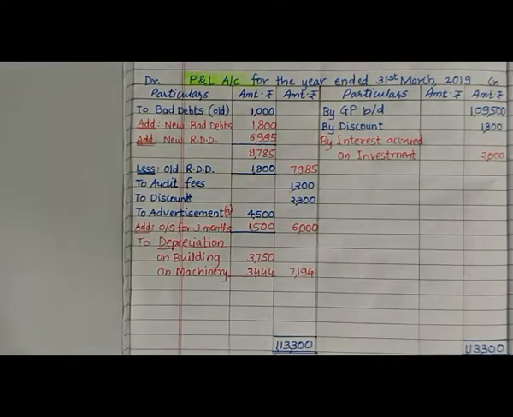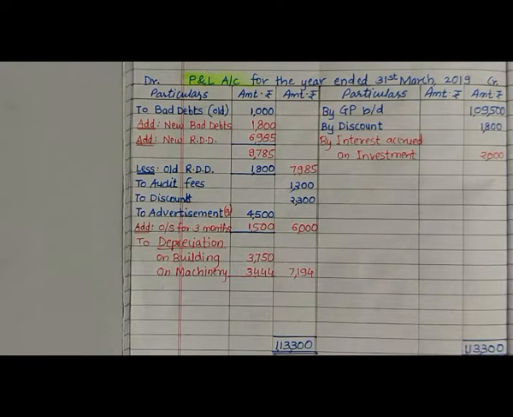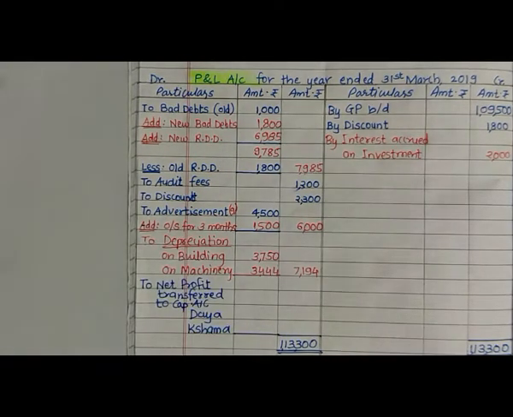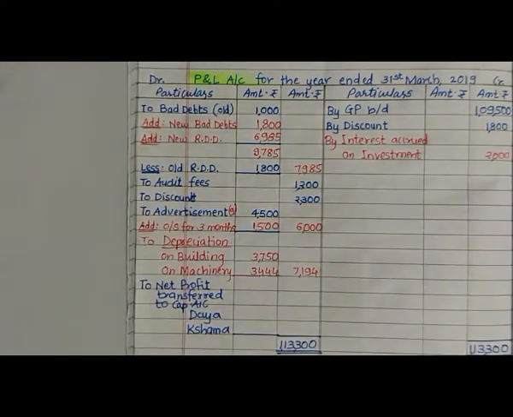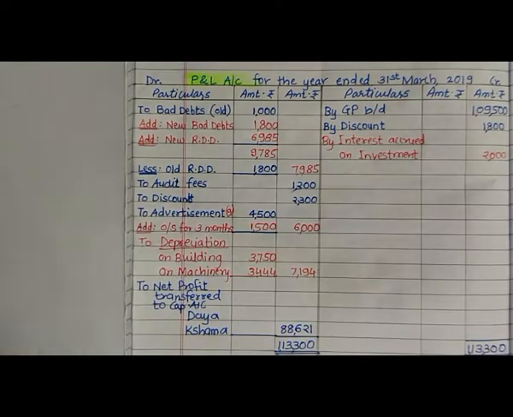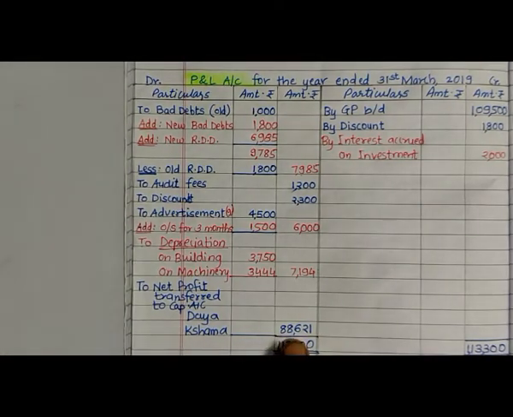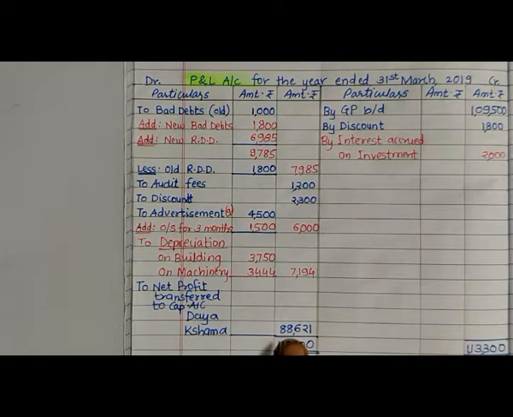The difference arising out of this is net profit for this year, which will be transferred to partner's capital account in the ratio given in the question, which is 1:1, means equal. And the net profit for the year is rupees 88,621, which will be distributed among both the partners equally.